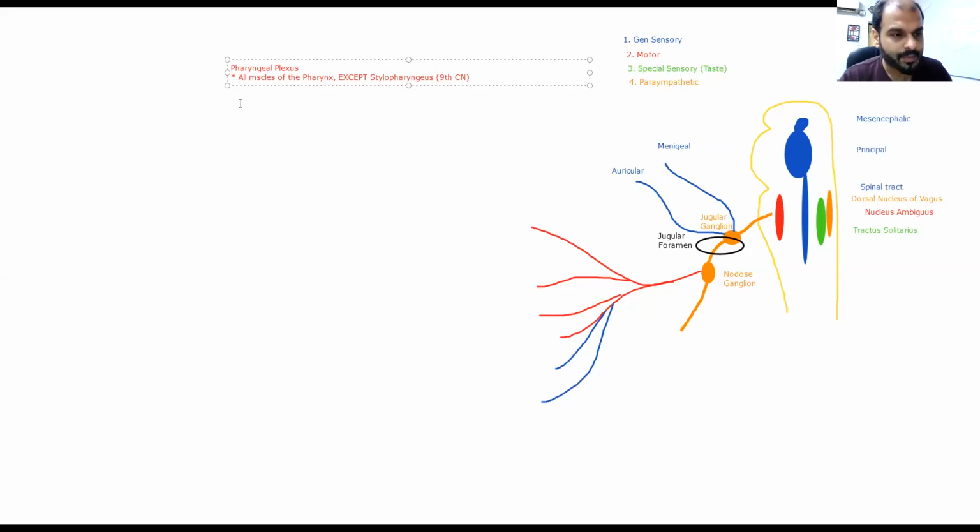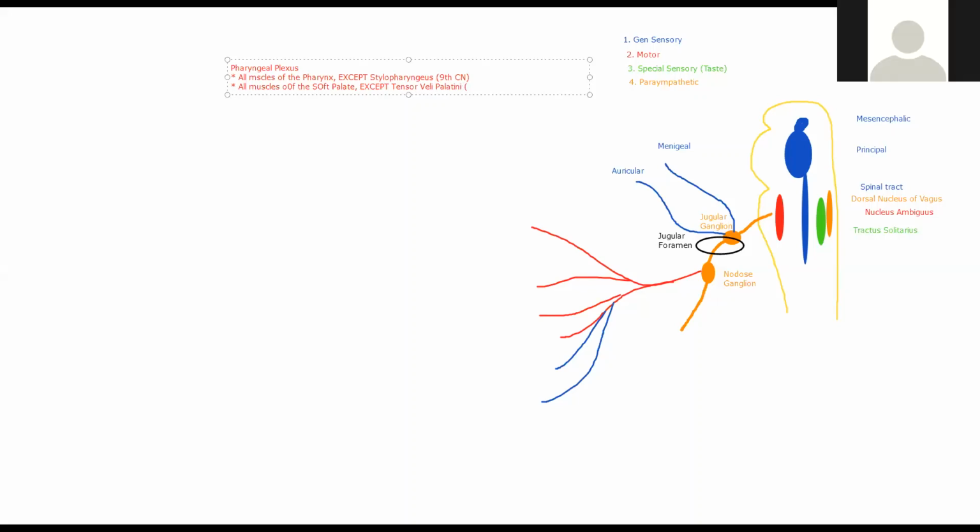Now the second point, which is again very important: it supplies all muscles of the soft palate, except tensor veli palatini, which was supplied by the mandibular nerve.